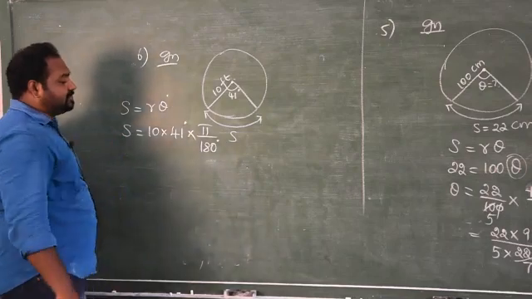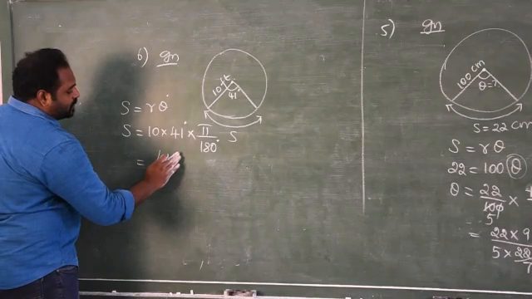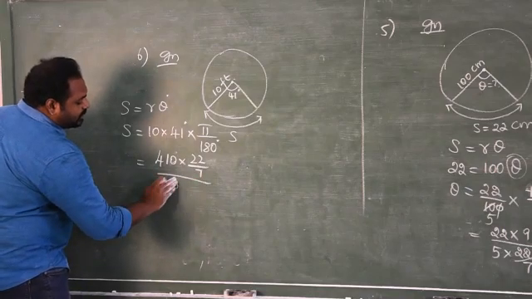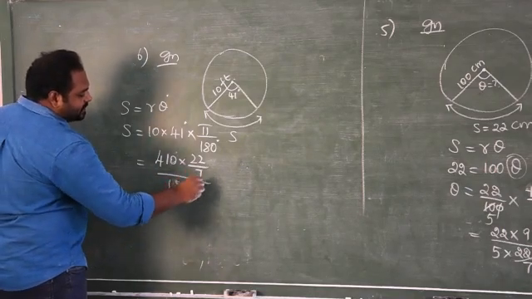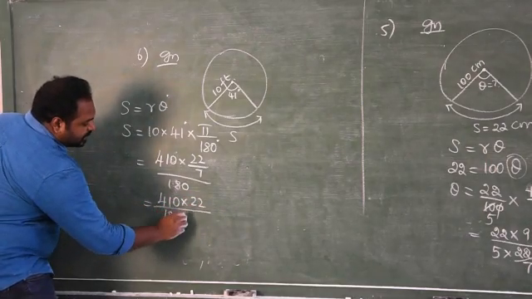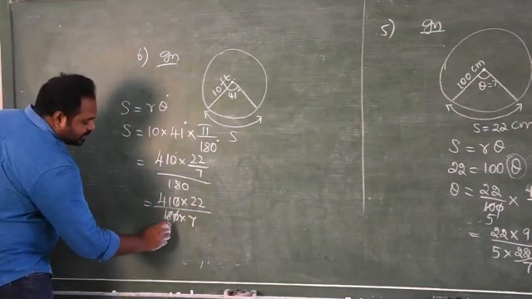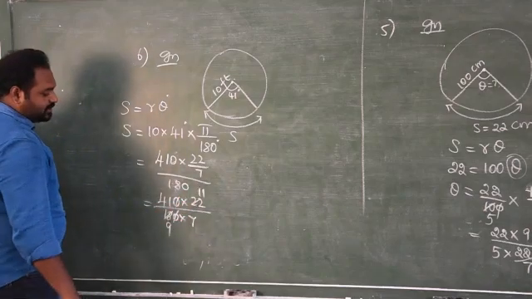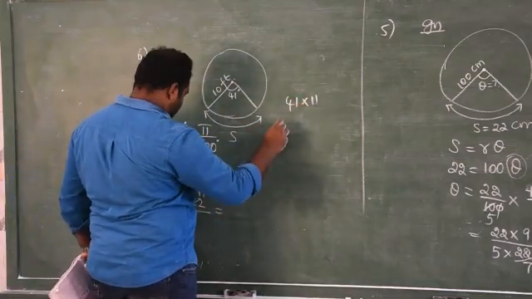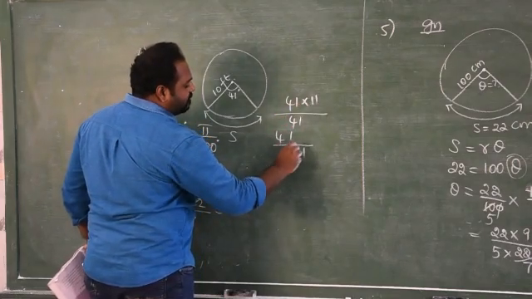So this can be written as 410 into 22 by 7 whole divided by 180. 7 can be brought down. 180 into 7, we can have a cancellation, 9 times, 11 times. So 41 into 11, it is 451.